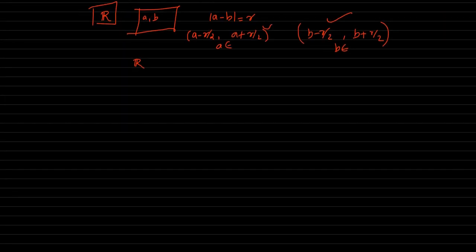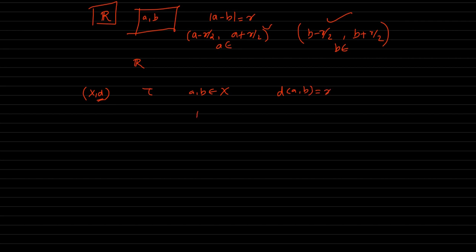Now consider a metric space (X, d) and the topology τ generated by the metric, and we know that every open set in this topology is a union of open balls generated by this metric. Let A, B be two distinct points in X, and let the distance of A, B be equal to r.